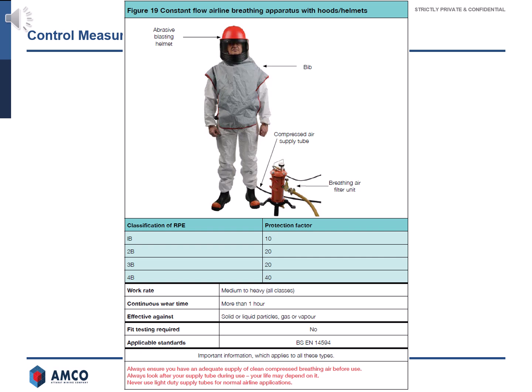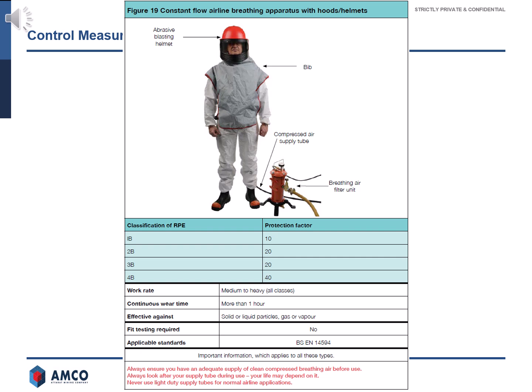Constant flow airline breathing apparatus with hoods/helmets, usage guidelines. Classification and protection factor. 1B, protection factor of 10. 2B, protection factor of 20. 3B, protection factor of 40. Work rate, suitable for medium to heavy tasks across all classes. Continuous wear time, recommended for more than 1 hour.